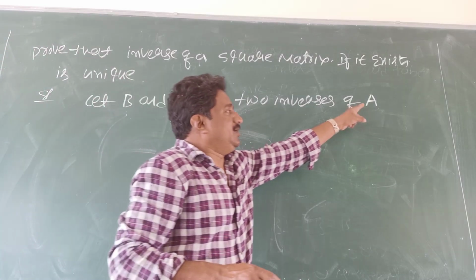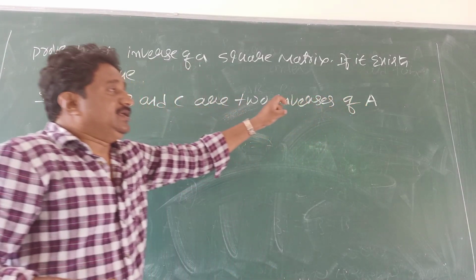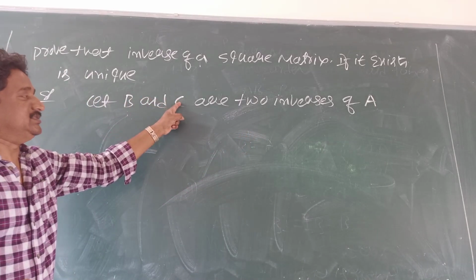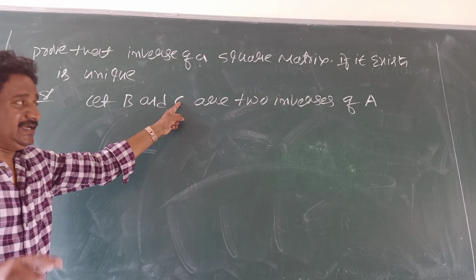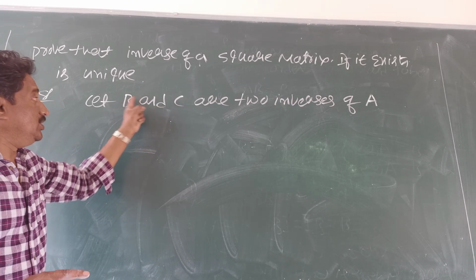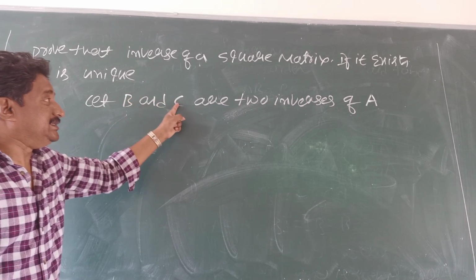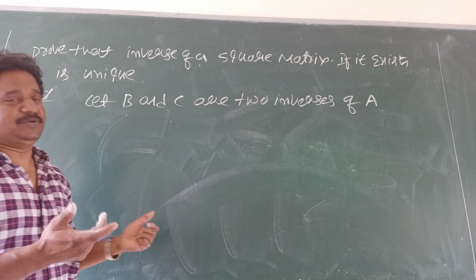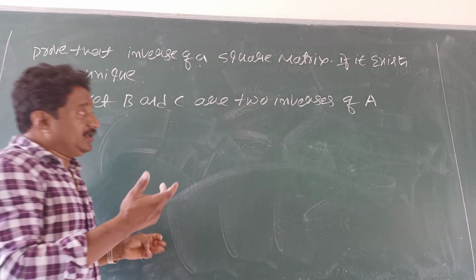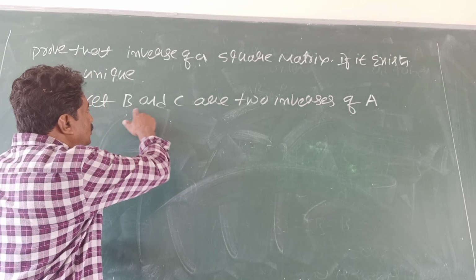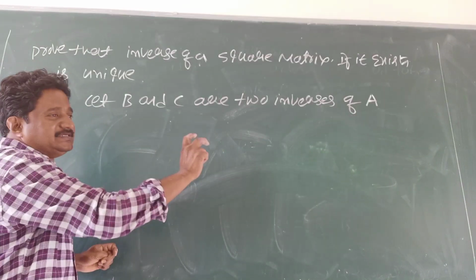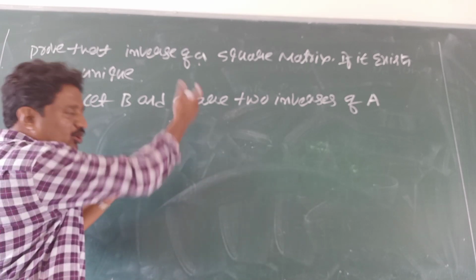For the square matrix, here I am taking two inverses. Let us take two inverses B and C for the same matrix. Let me see what happens after that.